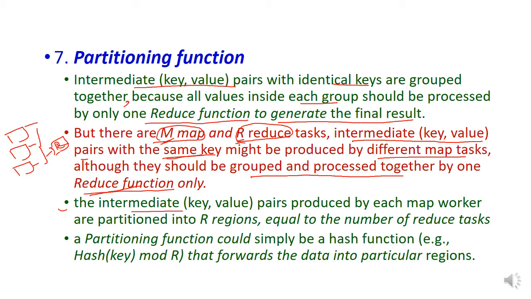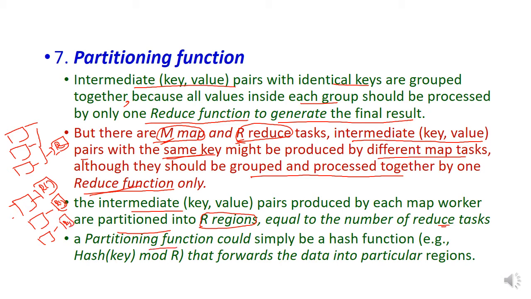Here the intermediate key value pairs produced by each map worker are partitioned into R regions, which is equal to the number of reduce tasks. So the intermediate key value pairs should be grouped together, and the number of groups should be equal to the number of reduce functions.